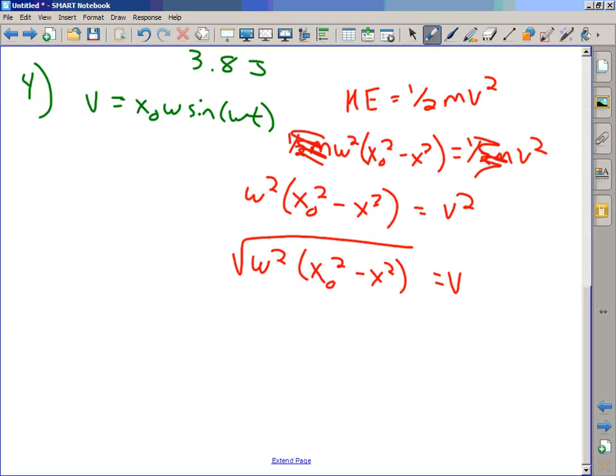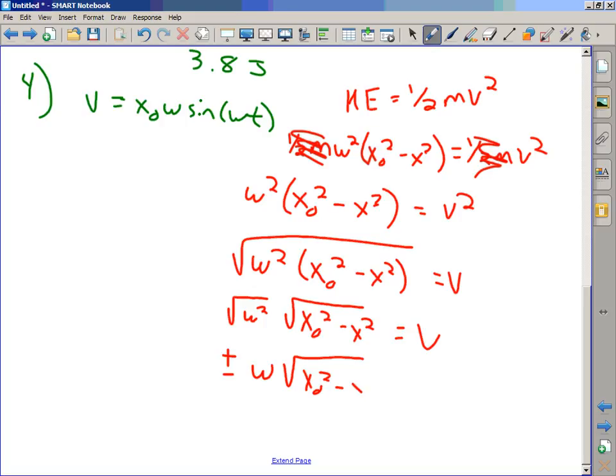So this gets us to the square root of omega squared times the square root of x naught squared minus x squared equals v. That's plus or minus omega times the square root of x naught squared minus x squared. There's that derivation that we had asked about.